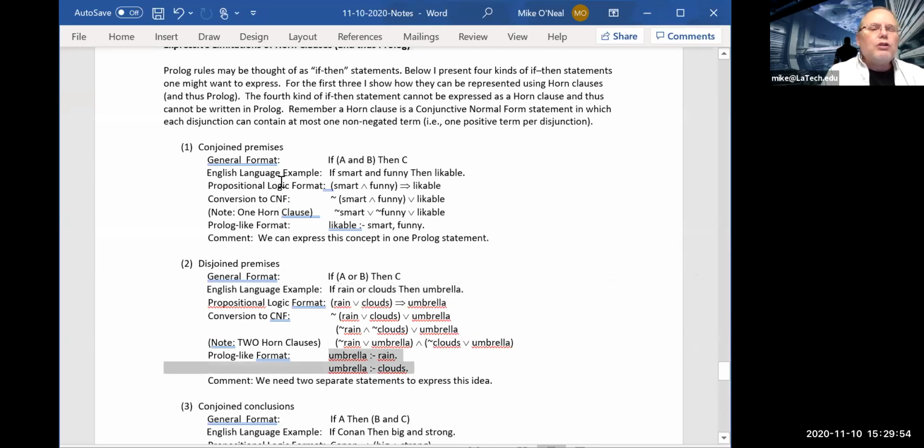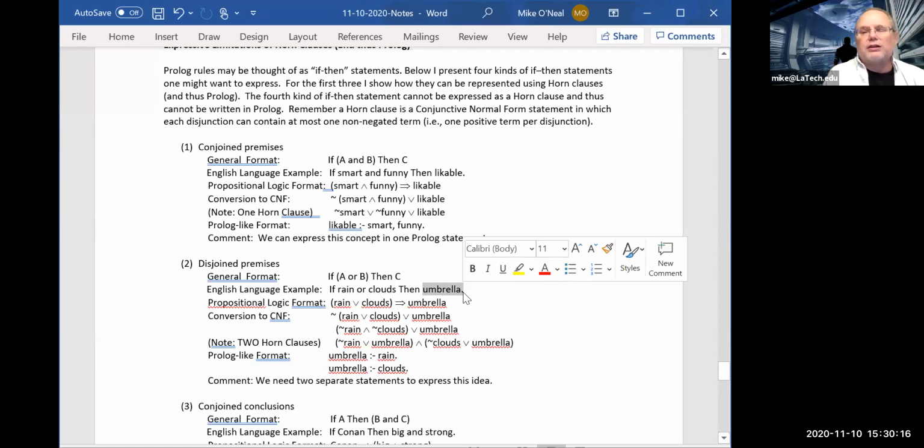So you can have conjoined premises, like we showed in step 1. You can have disjoined premises, like we showed here. The only difference is if you've got disjoined premises, you get two rules that both conclude the conclusion of the rule you're trying to write.